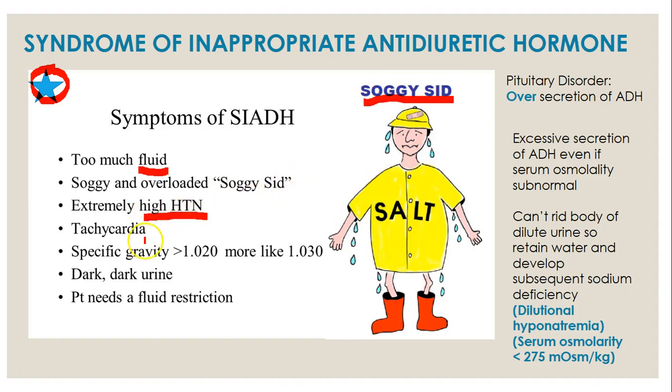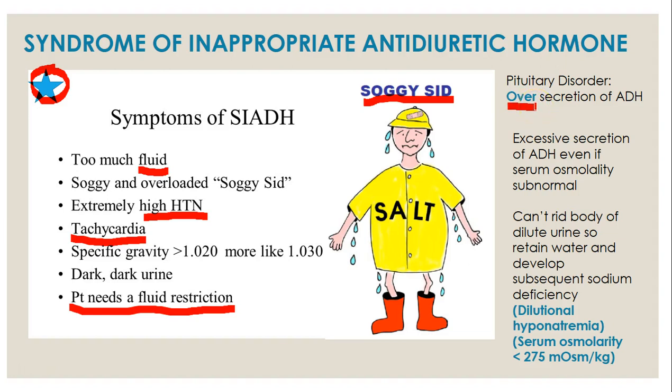High blood pressure, tachycardia, an elevated specific gravity, dark urine, and a lot of times patients will need fluid restriction. And of course this is going to be the result of an oversecretion of ADH.